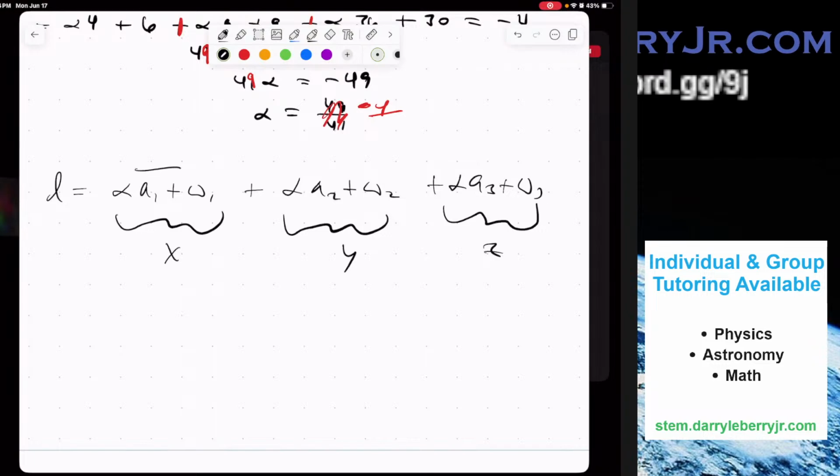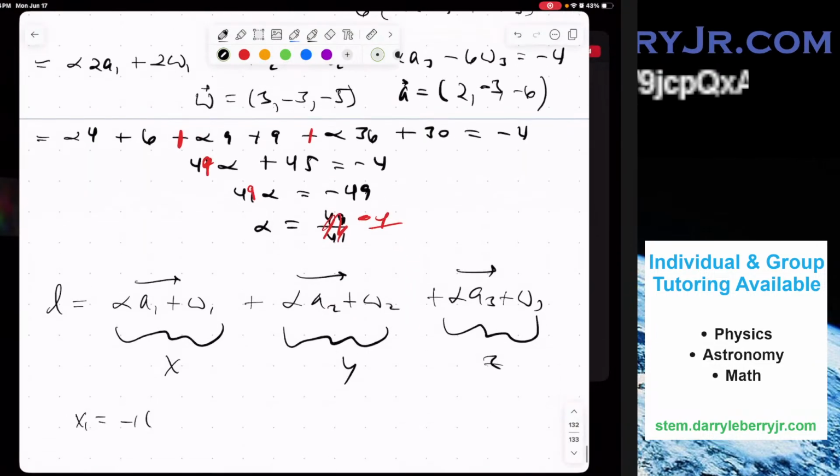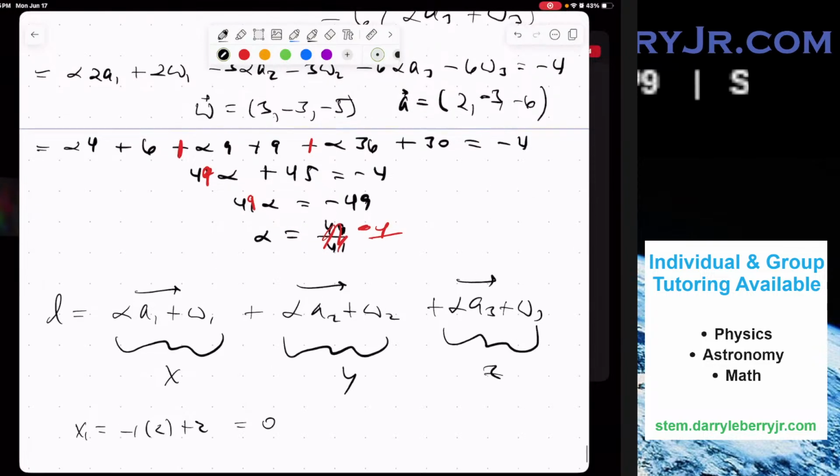These are vectors. Remember that these are vectors. So x1 equals -1, 2 plus 2 equals 0. It's supposed to be a 3.